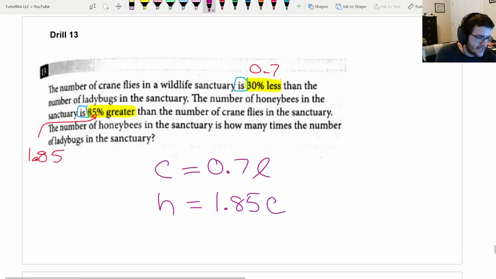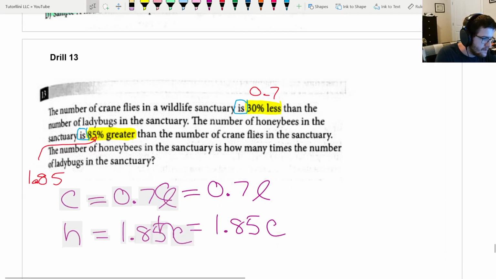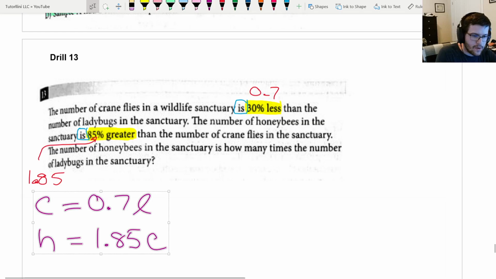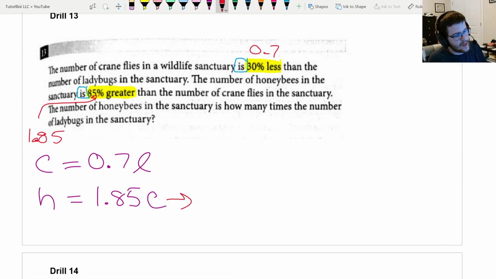We want to get C by itself in both of them. So how about I actually move this over? This one's already by itself, but this one we have to divide both sides by 1.85. So 1 divided by 1.85 gives me 20 over 37.